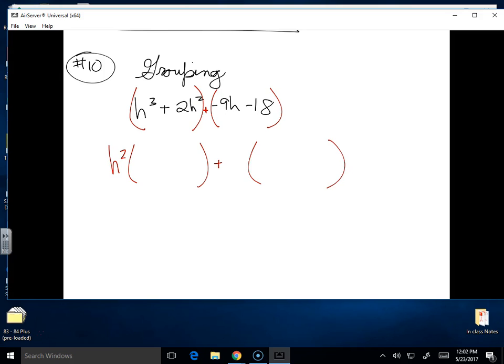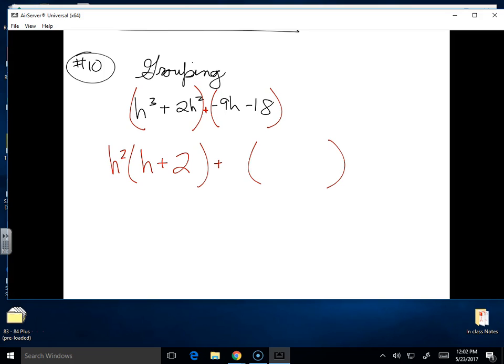Remember, we're pulling away h squared, which is division. If h cubed is h times h times h, and I take away 2 of them, h squared, what's left over? Just h. Plus, this is 2 times h times h. If I take away h times h, what's left? Just the 2. So we have to think about these in their elemental pieces, and there's just an h left in that factorization, and there's just a 2 left in that factorization.